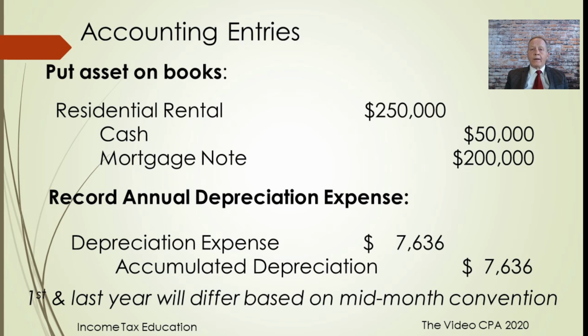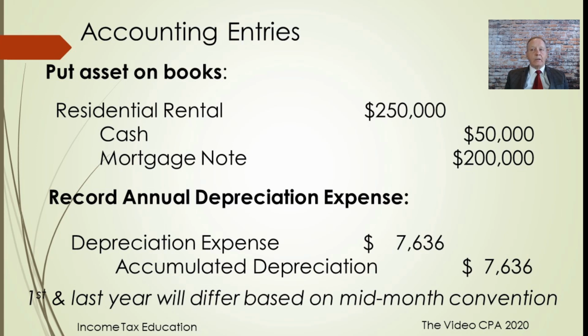Then you're going to credit cash because that's coming out of your cash account. That was the down payment that you made. And then you're going to credit a mortgage note. You put a liability on the books for how much you owe the bank, in this case $200,000. So that sets up your asset on the financial books.